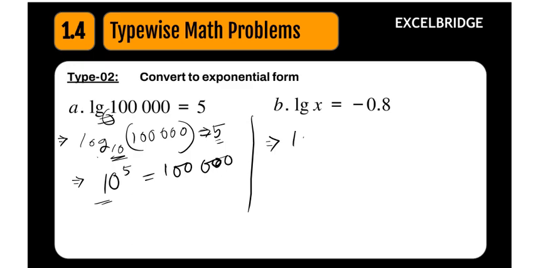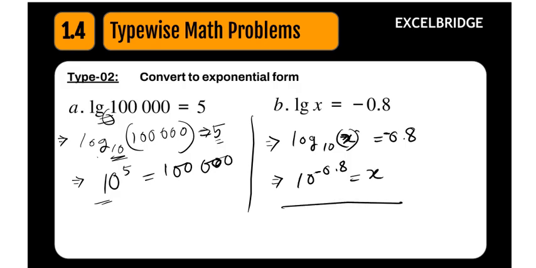Another is log base 10 of x, this is not minus, equals minus 0.8. Again, base 10 to the power of minus 0.8 equals x. So this is the answer.